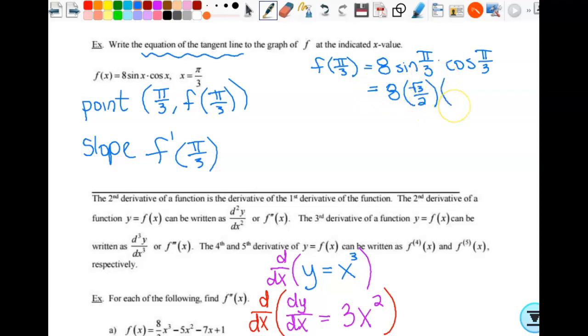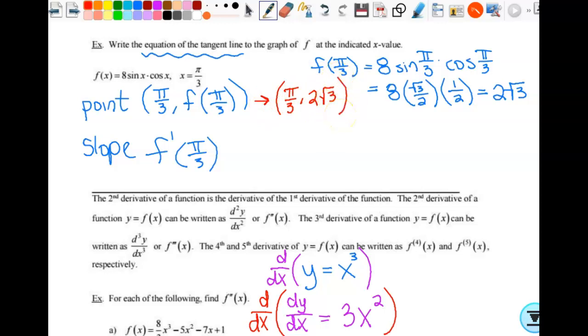And what's the cosine ratio of pi over 3? 1/2. All right, clean that up. What do we get? 8 divided by 4, 2 square roots of 3. Good. So our point is pi over 3, 2 square roots of 3.